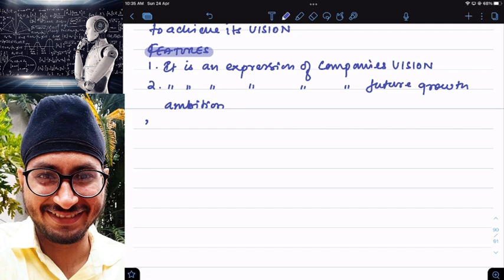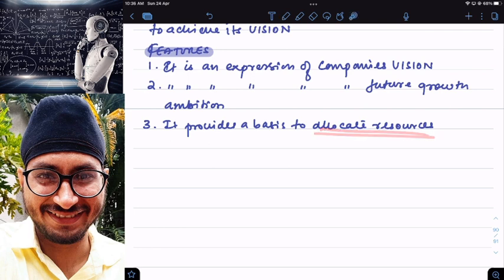Then number three, it provides a basis to allocate resources. Sir, mission means what? Day-to-day activities. Your day-to-day activities are nothing but your mission. If you are able to allocate your resources properly, your company will be successful. Otherwise, your company will not be successful.